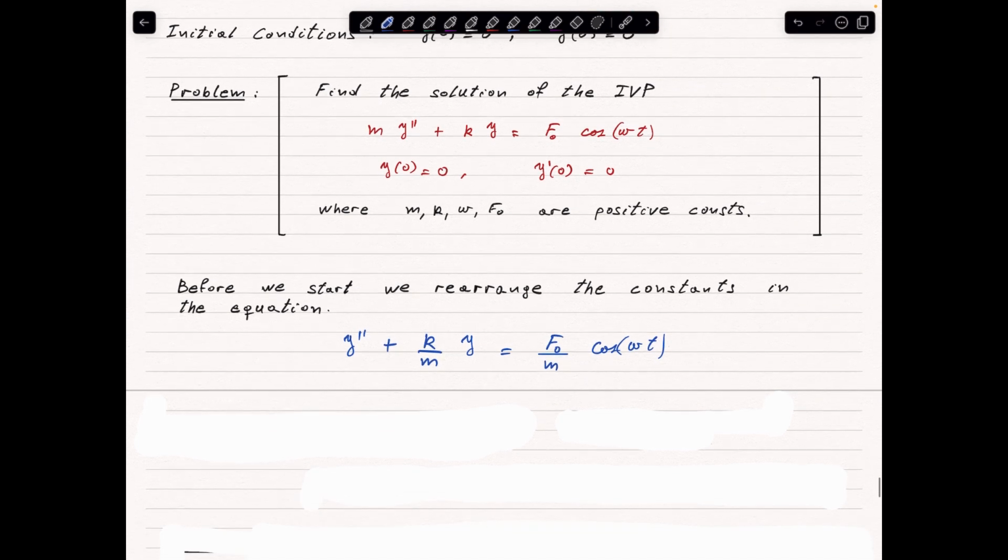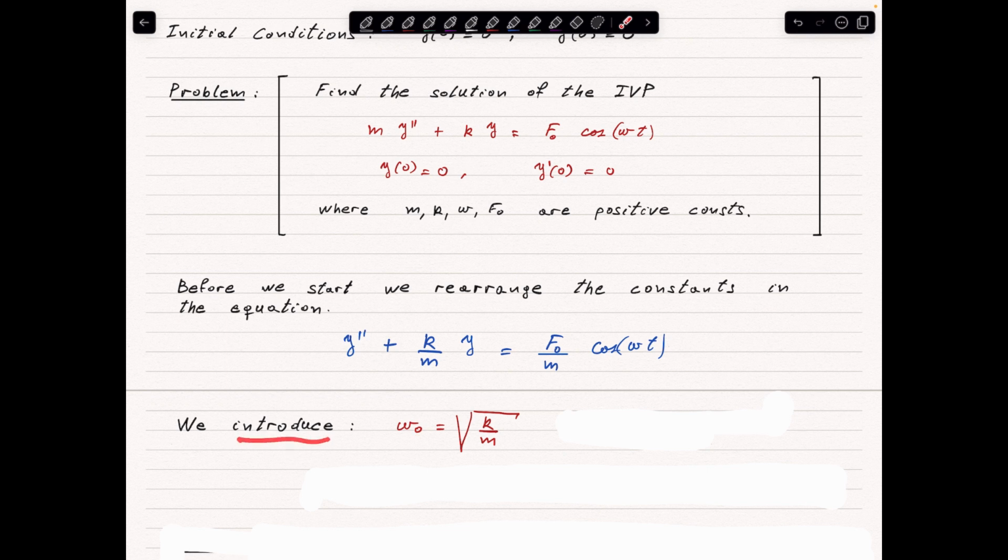Now this number, k over m, is going to be important. It is a positive number because k is positive and m is positive, so we are going to write it as the square of something. k over m is going to be omega 0 squared.